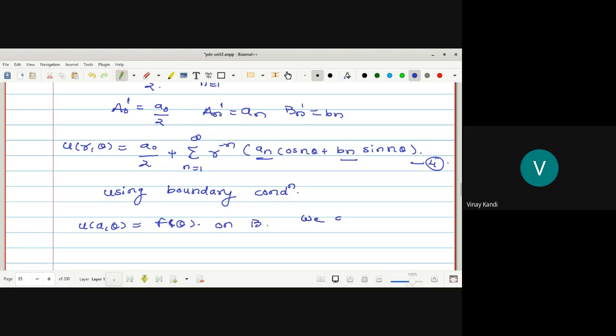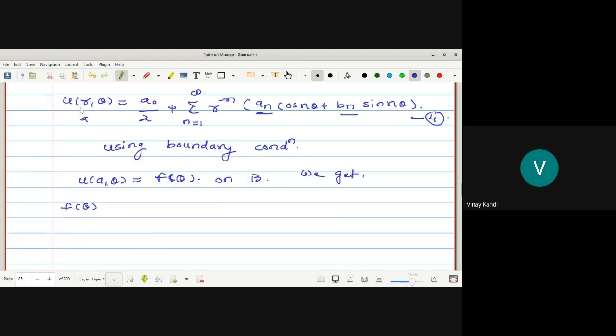So we get f of theta; put r equal to a. So u of a theta is equal to f of theta, which is equal to a naught divided by 2 plus summation n running from 1 to infinity of a raised to minus n into (an cos n theta plus bn sin n theta). Give it as equation number 5.